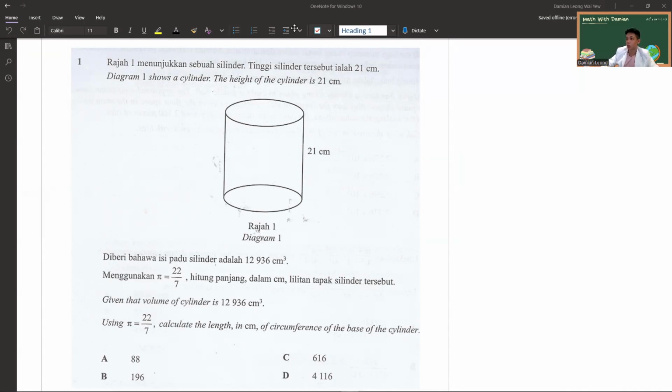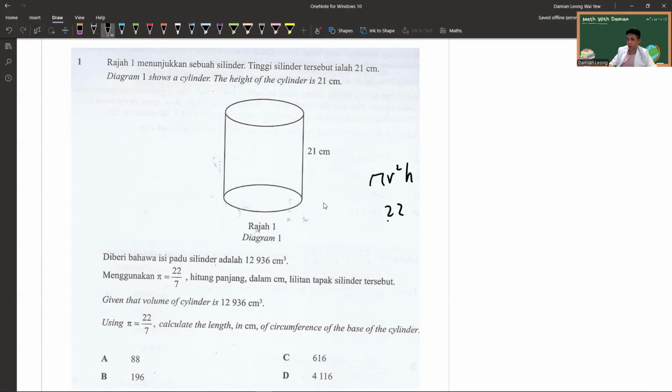Basically, we just need to use the formula for volume of cylinder first, and we can find the radius. The formula is pi r square h. So pi is 22 over 7 times radius square times height.